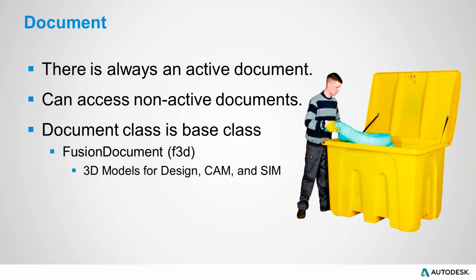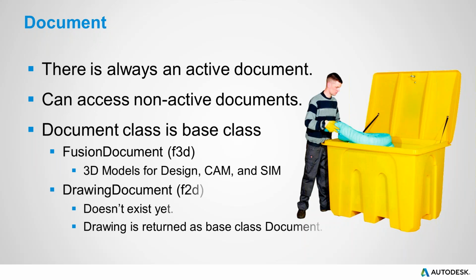So for design, CAM, SIM, whatever else comes in the future, that document holds all of this kind of data. The other document type in the future will be a drawing document, which is saved as an F2D. This class doesn't exist yet in the API because we haven't done anything API-wise around drawings yet.